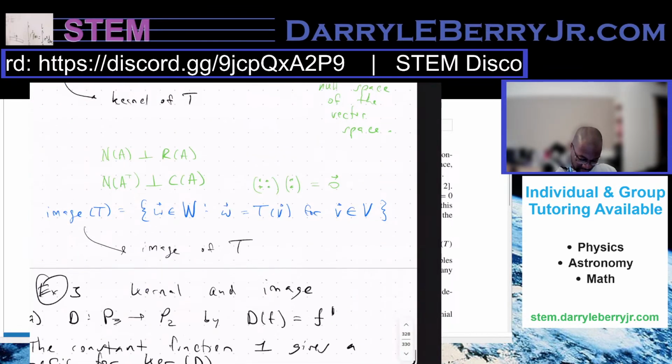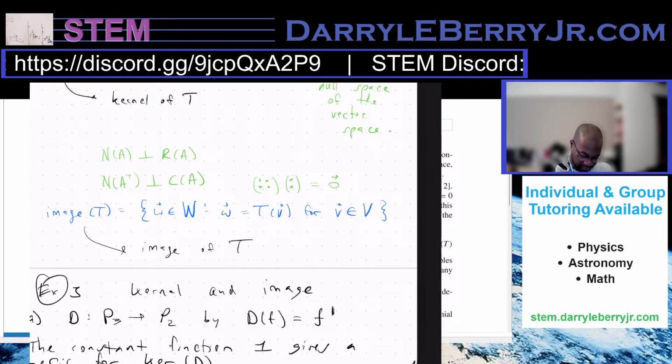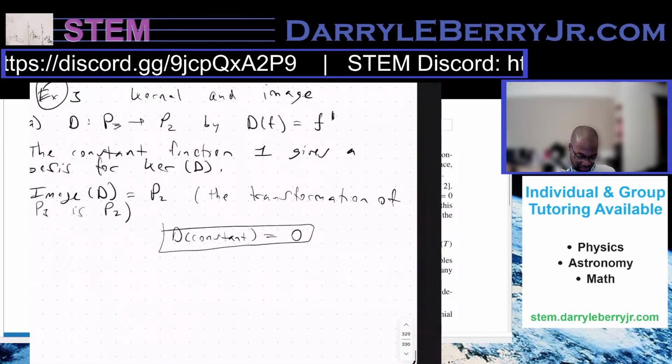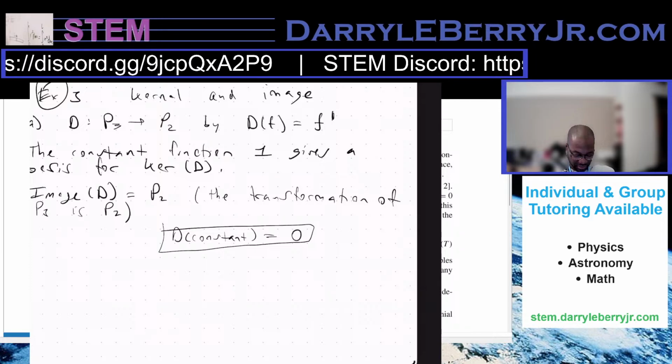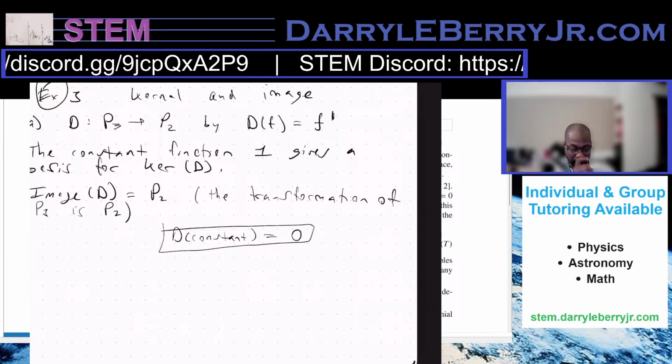So the image, W, is in the subspace W, and W is the transformation of V. So if you transform P3 with a derivative, it becomes P2. Therefore, P2 is the image of that transformation. So that makes sense. That's simple enough.